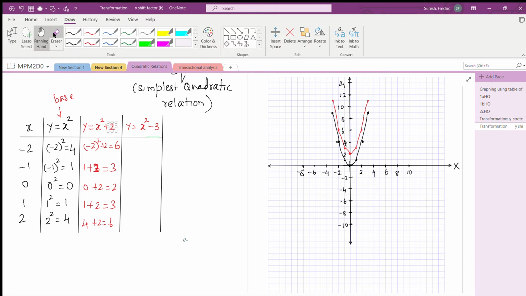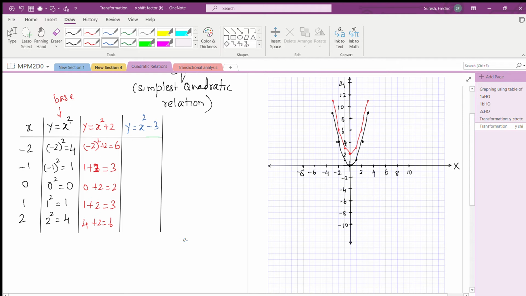Let's look at what happens if we have a negative number. Say y equals x squared minus 3. Let's say we want to plot this. We have the x squared values here from the second column, which is the same thing as the y value.